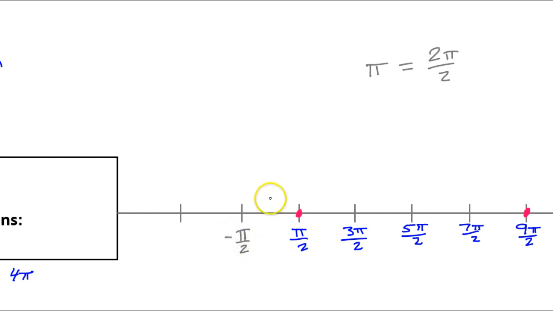And I already see that the y-axis is going to be right here. But just for fun, I just have one more mark here. If I subtracted 2 again, that would be negative 3 pi over 2. But the y-axis is going to be right here between the negative and the positive. Okay, so I'm going to go ahead and just draw my y-axis right in here.